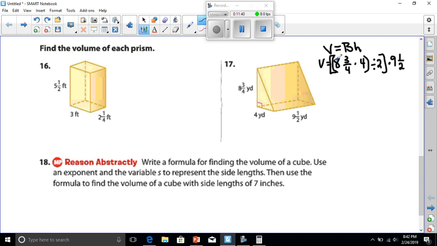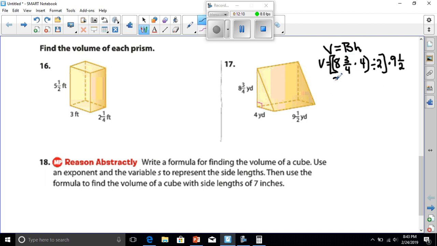All right. Well, first of all, we've got a mixed number that I have to multiply with a whole number. And if I was to do this, then I guess I would have to turn this into an improper fraction first. 4 times 8 is 32, and 32 plus 3, excuse me, is 35.